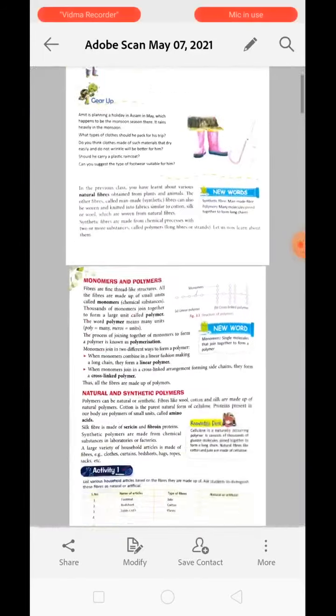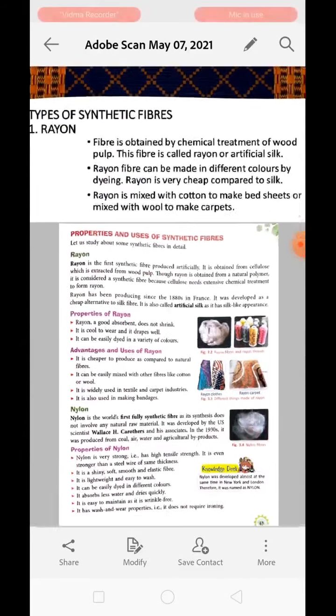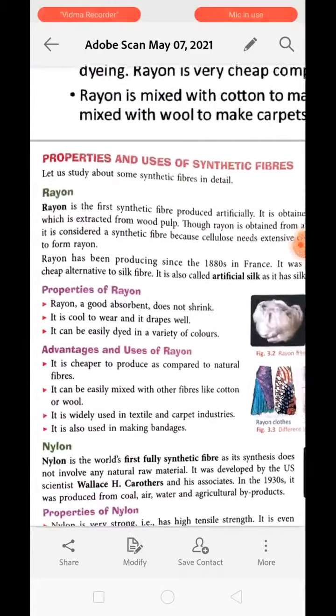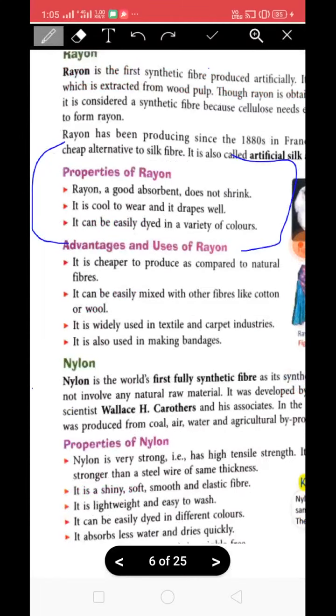It is given in the page number 43. You can see the property of rayon over here. Now see over here, rayon is a good absorbent, does not shrink. It is cool to wear and it drapes well. It can easily be dyed in various colors. These are all the properties of rayon.